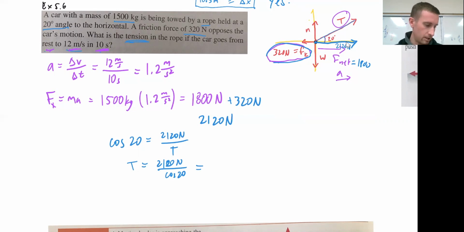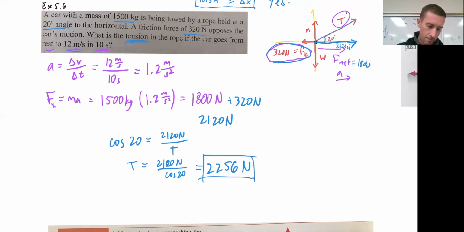Let's see, how many digits do I have to play with? Basically 2 digits of accuracy. So 2,256 newtons, I believe, should be my tension, or I could round it to 2,300 newtons, because I think that is the 2 digits of accuracy.